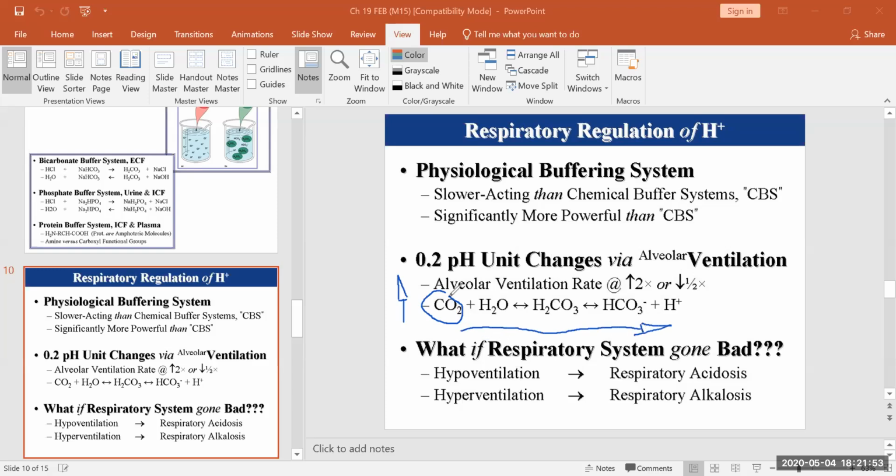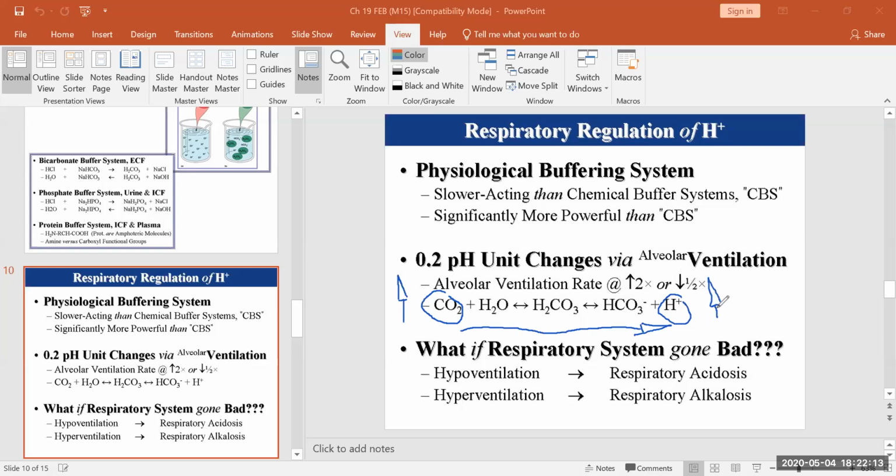The equilibrium maintains the concentration. So if this CO2 is increased, these two equilibria will try to decrease it by moving excess CO2 to that side. So what is it going to create? It's going to create protons, so protons will also increase indirectly.